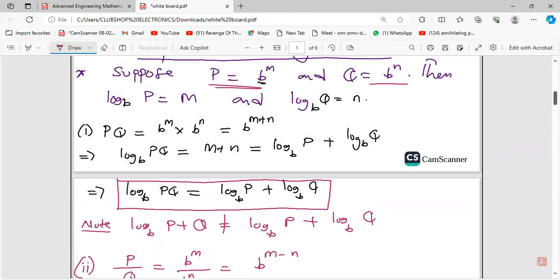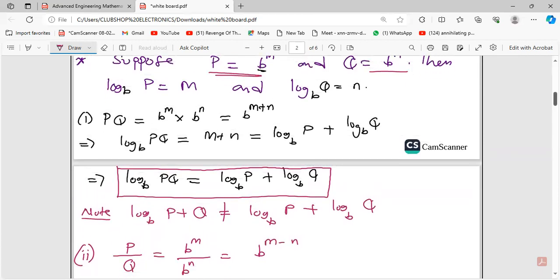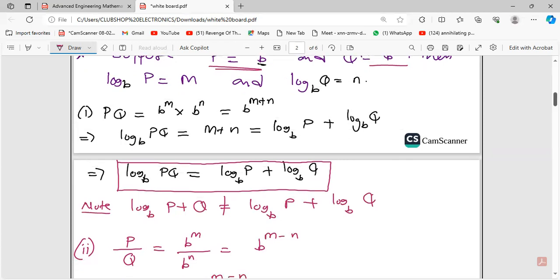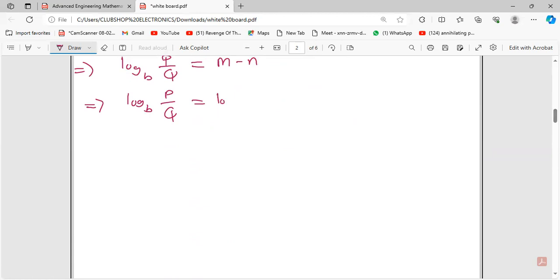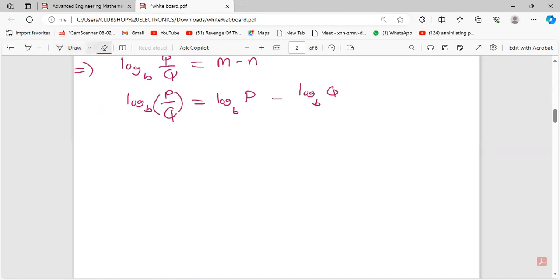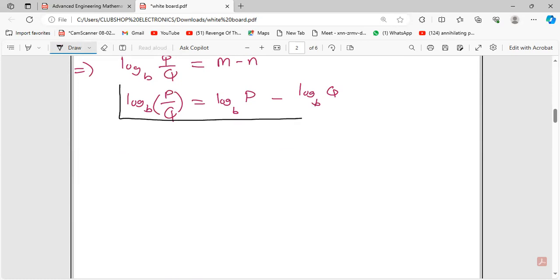M is log B of P, minus N, which is log with base B of Q. This is what we have. This is the second property.